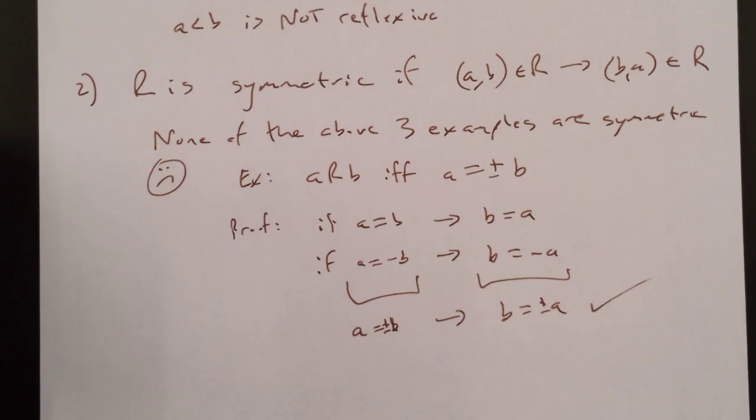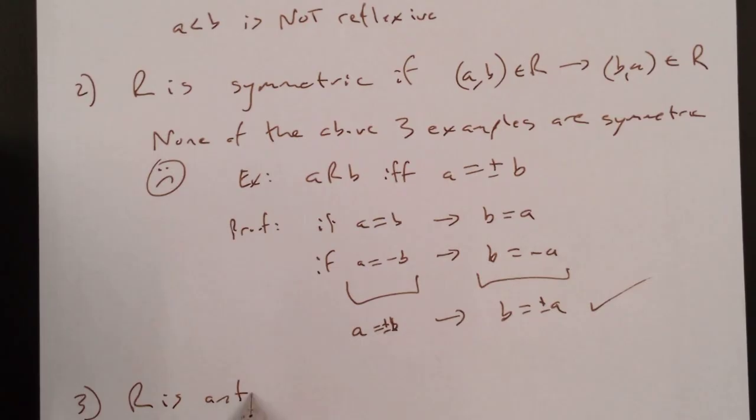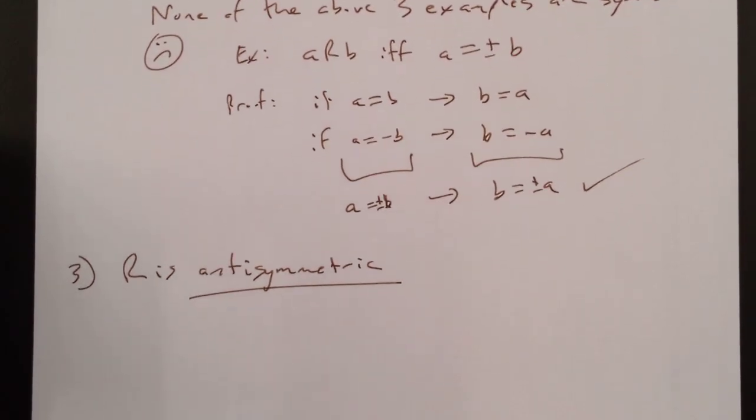But this next one is weird. Now you might think R is anti-symmetric means that it's not symmetric. I wish that were the case, because that would just be easier, but it's not.